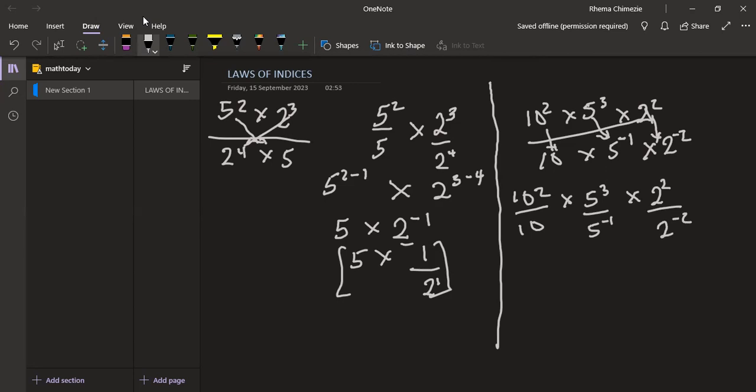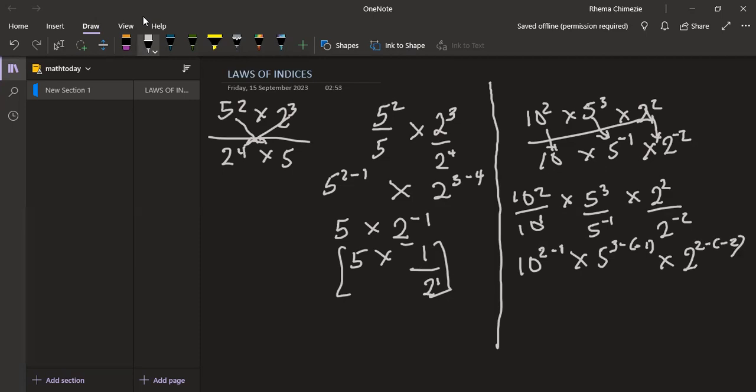The first one, we apply the law of indices, which is the division rule: 10 raised to power 2 minus 1. Don't forget there's an invisible 1 here. Then times 5 raised to power 3 minus, minus 1, then times 2 raised to power 2 minus, minus 2.